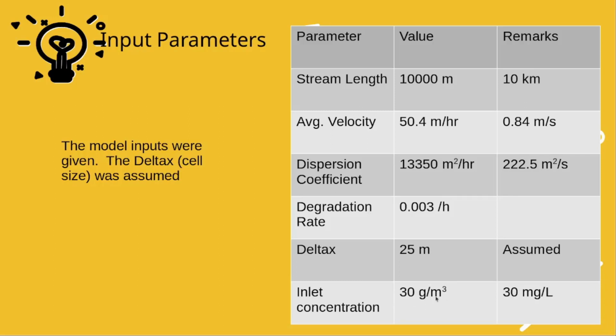The one thing that we have to make sure is that we are dimensionally consistent. Here I'm going to use meters for length, hours for time, and grams for mass.